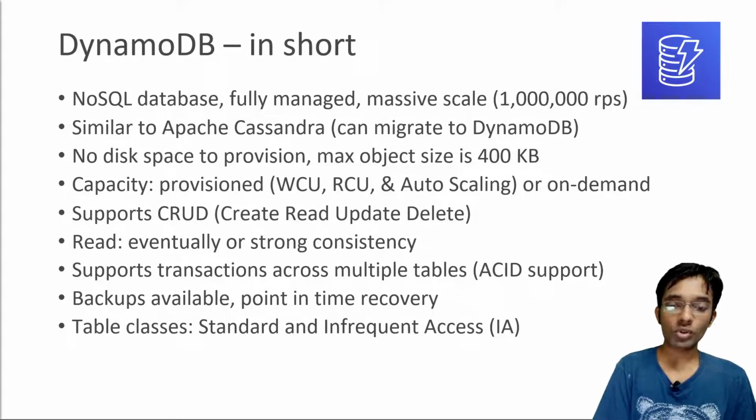In terms of capacity, you have two modes. You have provisioned capacity, where we specify how many write capacity units and read capacity units you want, with auto scaling on.